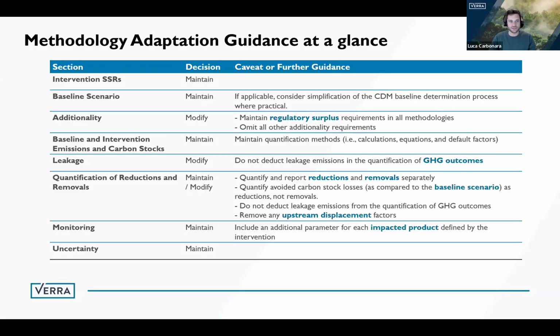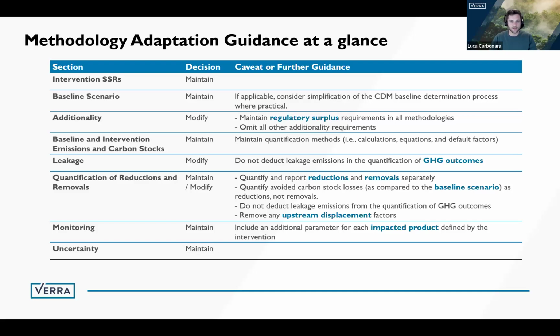In this table, you can see at a glance the main sections of a VCS methodology, and then the decision if it has been maintained or modified to work into the Scope 3 standard program. I won't go through each one in here, but I would invite you to refer to the document that you can see among the ones published for the public consultation.